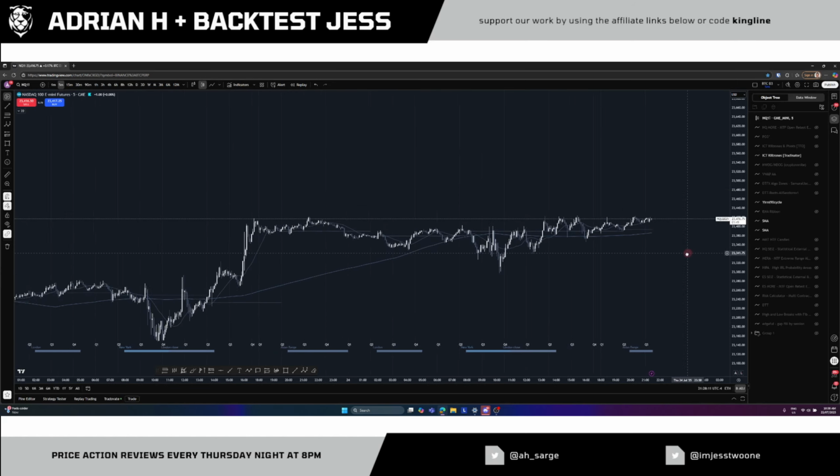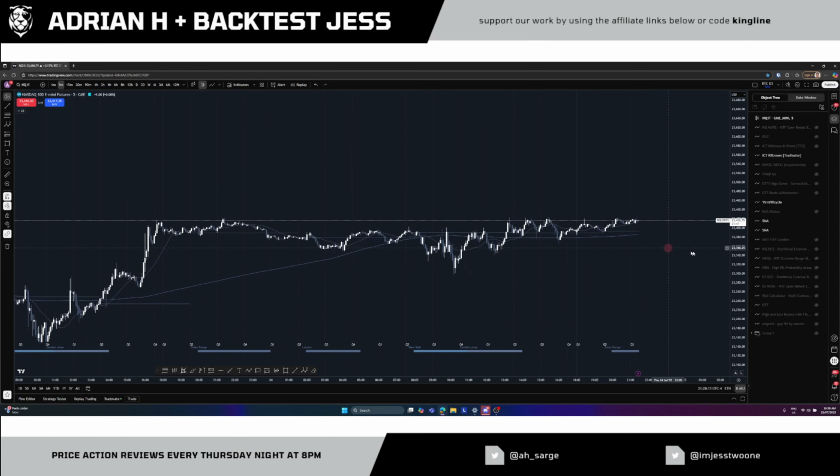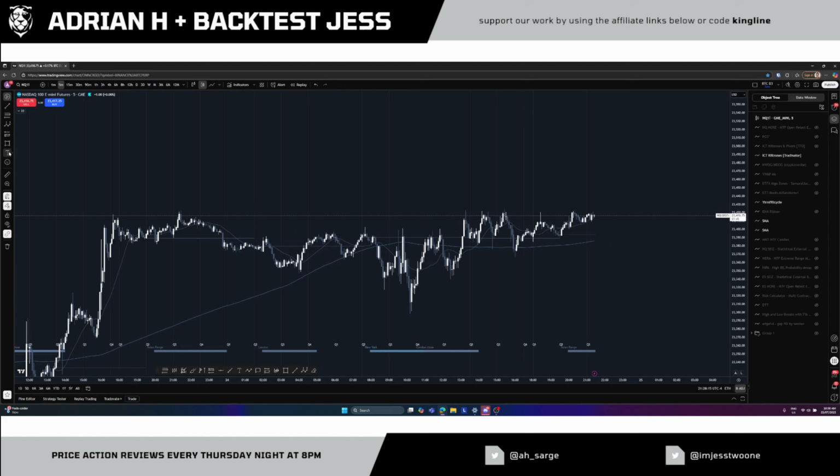So let's have a look at our examples. This is building a really nice one today, and we can use our box here. This was our swing, sweep of PDH here. So we grab this whole zone into London. We do our standard deviation pull from the high.